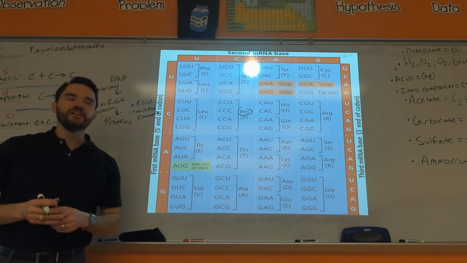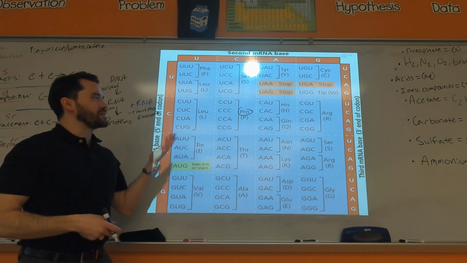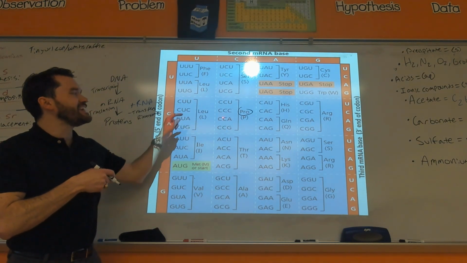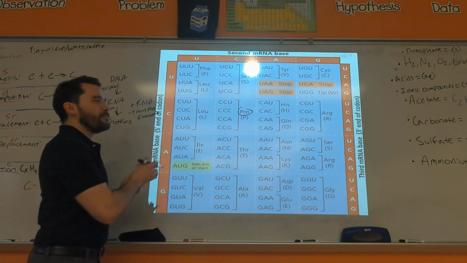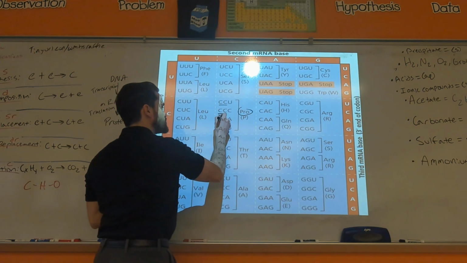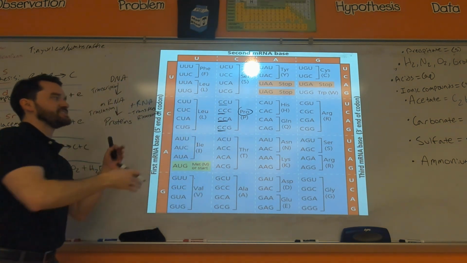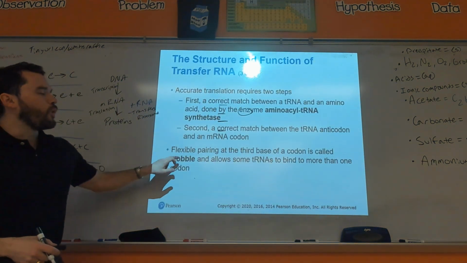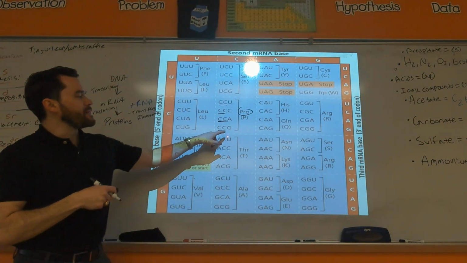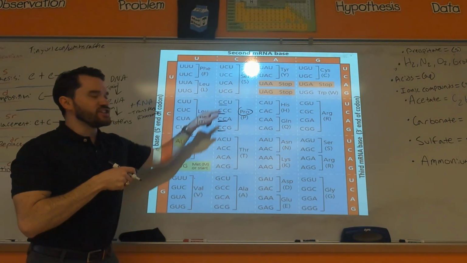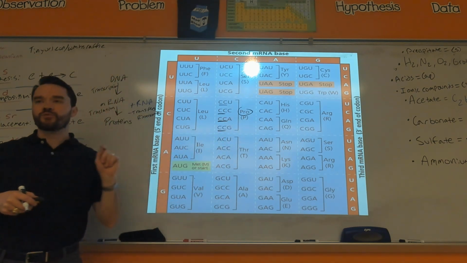There are 4 different options, right? Which option do you want: CCU, CCC, CCA, CCG? But notice how the first 2 are always the same. So this idea of wobble is this concept that the third base can change, but it still codes for proline.